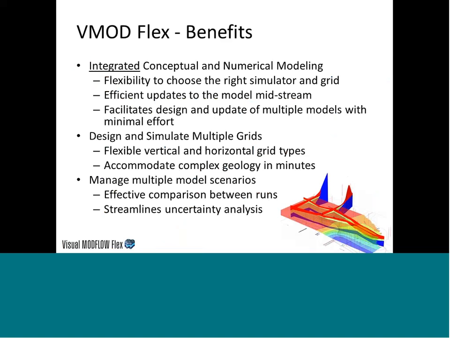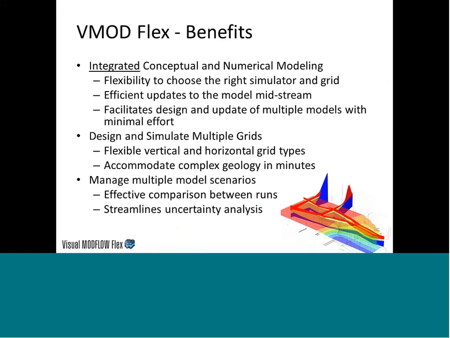You can design and simulate multiple finite difference grids, which have different vertical and horizontal grid resolutions and grid types. As I mentioned, these could be uniform grids, deformed layers, variably spaced grids, local grid refinement, etc. And when you're dealing with complex geology or discontinuous layers, this can be accommodated in a matter of minutes by following a conceptual approach.